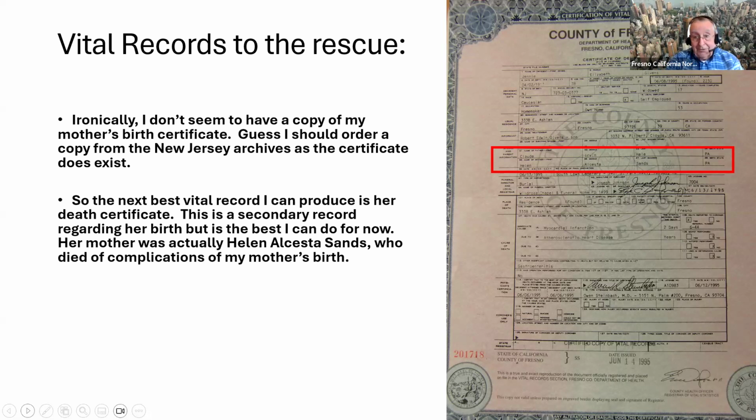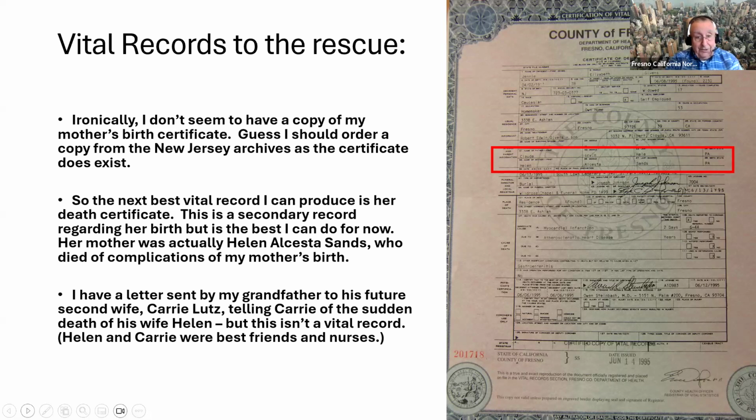Now, how do I know that's accurate? Well, I actually have other documentation in my possession, things that aren't vital records. Just as an FYI, I happen to have a letter from my grandfather to his future second wife, Carrie Lutz, where he tells Carrie of the sudden death of his wife, Helen.